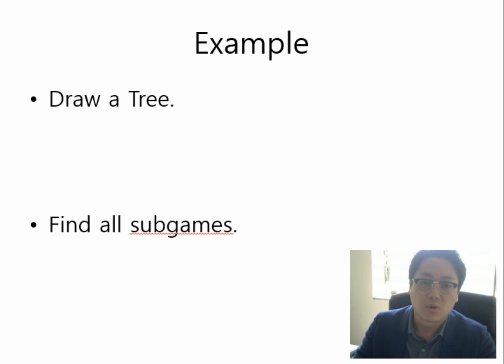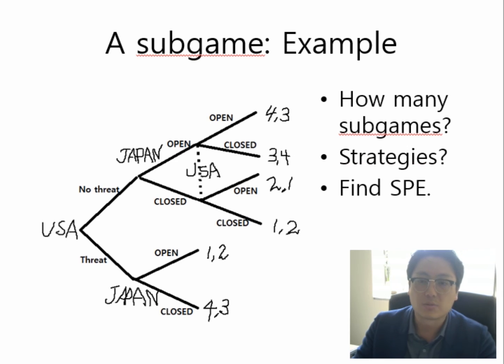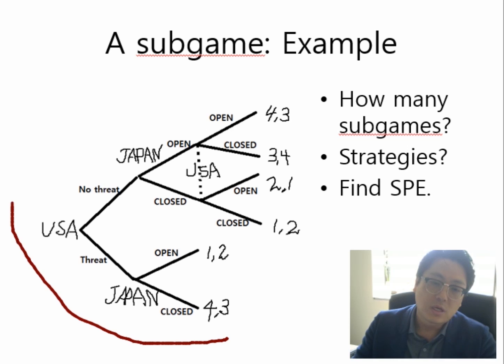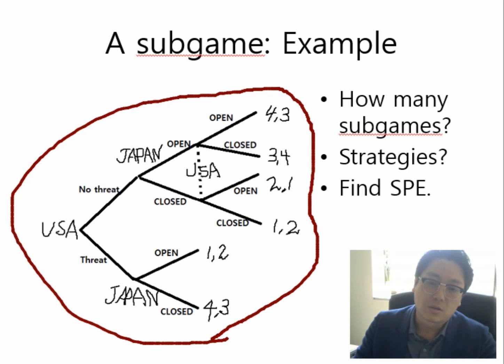Before playing this one, let's look at this one. How many subgames do we have here? It will be your quiz, but look at this. The original one is the subgame all the time, and once this node is reached, this game will be played.